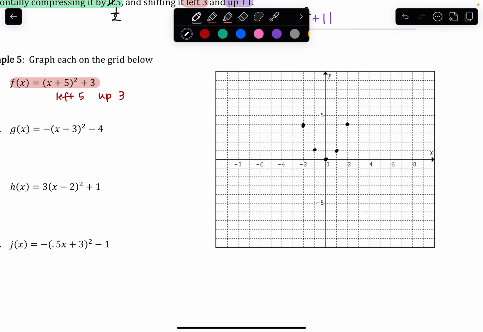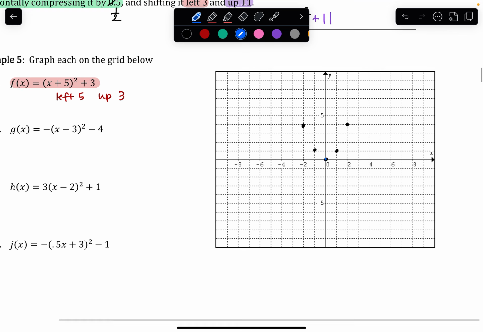So to notice the pattern of these points, your vertex starts at (0, 0), and then you go up 1 over 1, up 1 over 1 on each side. And then your next good point is over 1, up 3. The x's are always going by 1, but the pattern in the y's are up 1, then up 3. That pattern should still hold true if there's no stretch or compression. Your change in y's are 1, then 3.